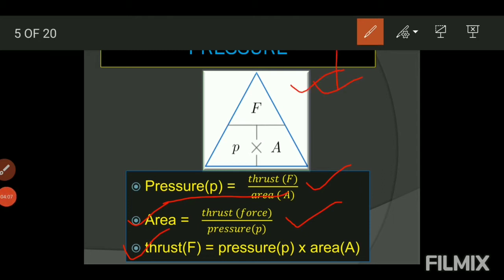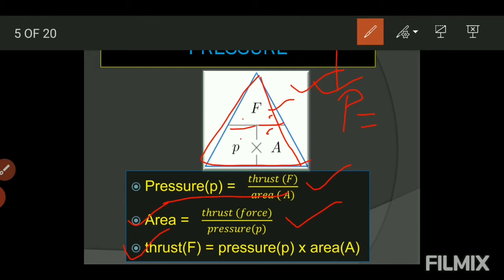Now you must be wondering what this triangle is all about. This triangle is going to help you remember the formula in an easier way. So children, if you can only remember this triangle and the position of letters in it, you can very easily remember the formula. Say for example, if you have to find pressure, see the formula: pressure is equal to F divided by A. Now if you have to find area, area is equal to F divided by pressure.